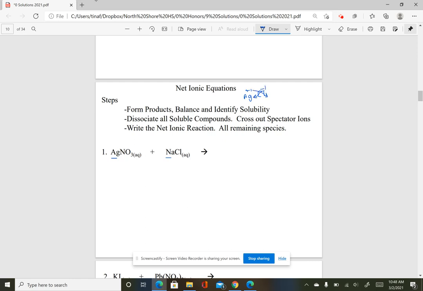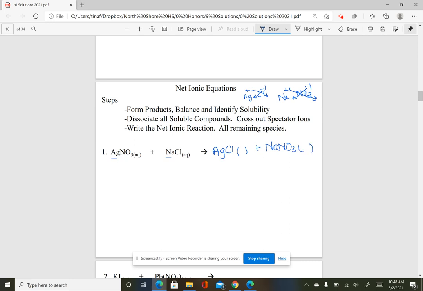The formula is AgCl, and I'm going to leave parentheses to look up the phase. The Na is going to combine with NO3. So I have to look up their oxidation states, -1. When I crisscross them, I get NaNO3.